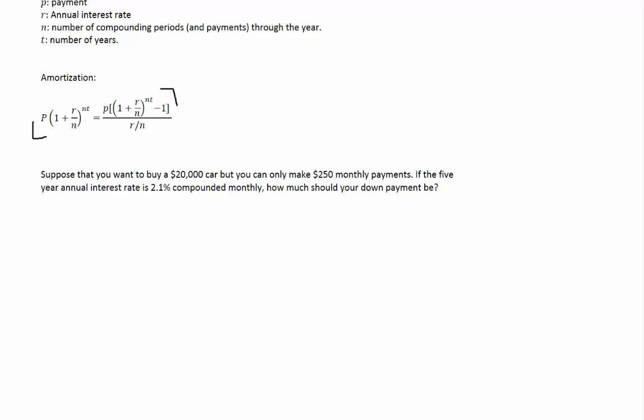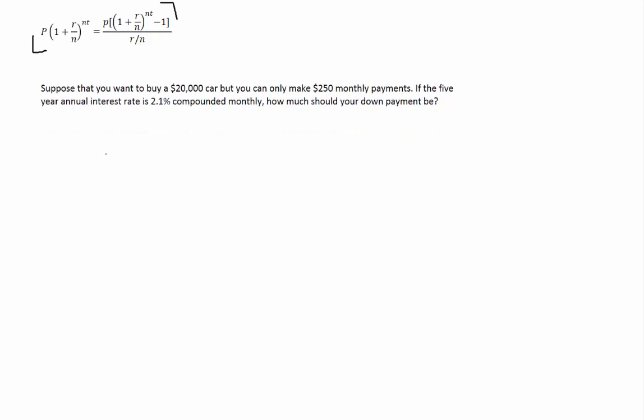So what you want to do is see to what principal your $250 monthly payments correspond. That will be the maximum amount of money that you could borrow so that your payments would be 250. So let's calculate that.